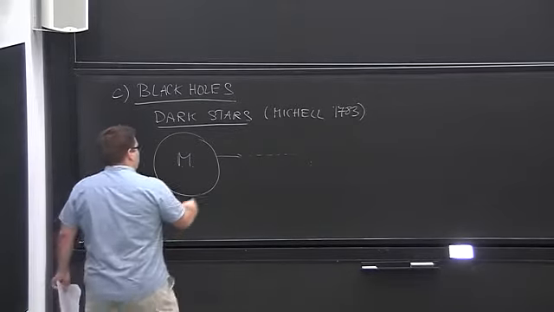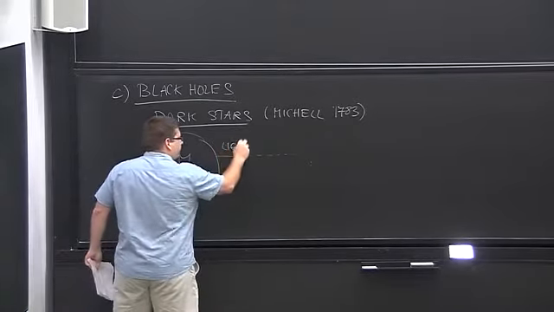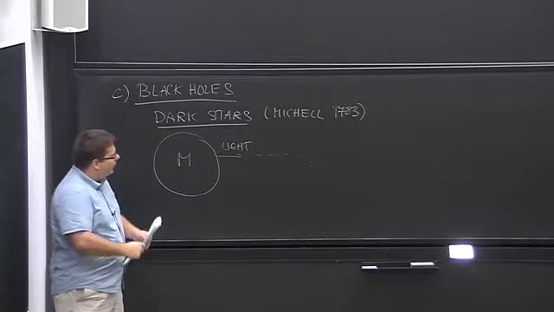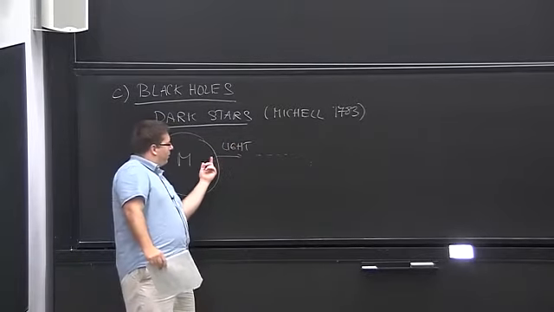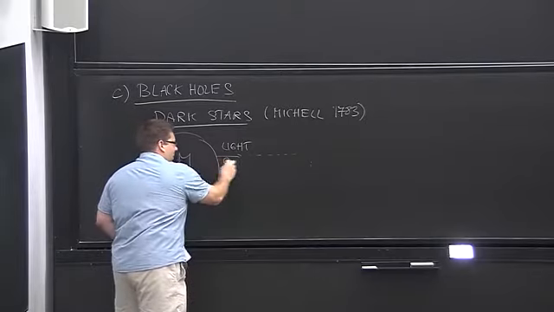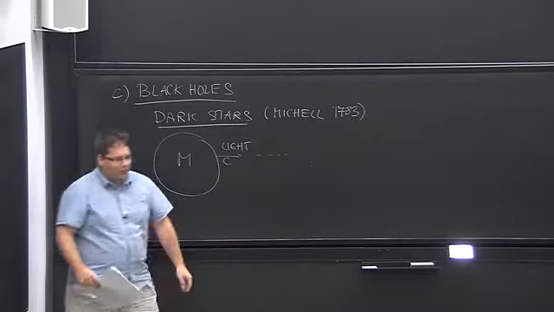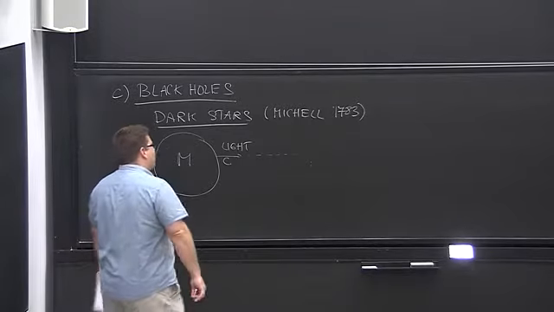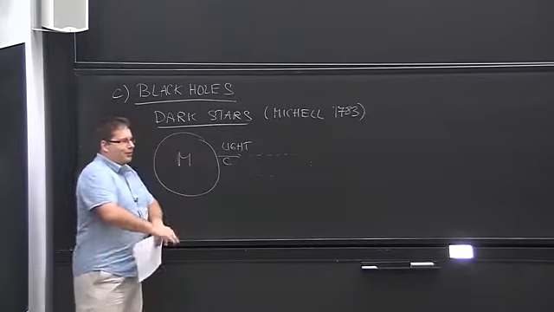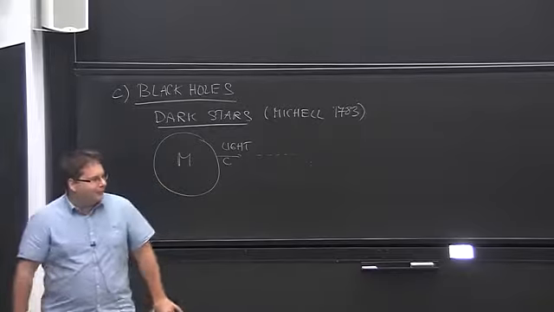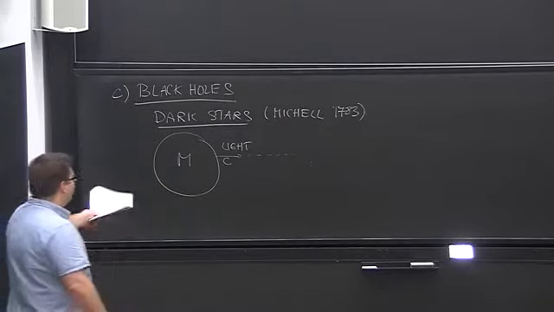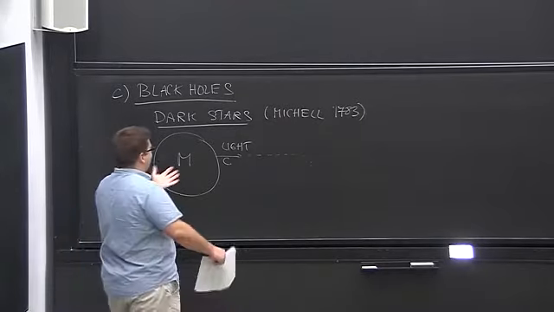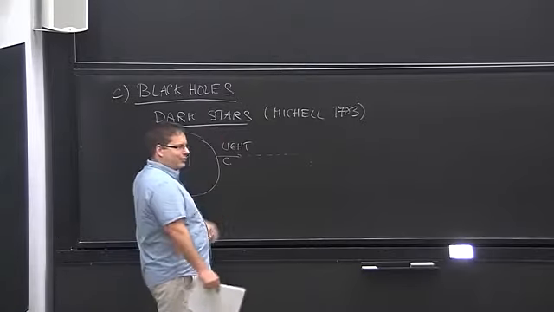Okay, so now I really shoot the light here, and even the light moving with the velocity c actually cannot go all the way to infinity. So now if you just do a very, very naive Newtonian calculation, you say the light is a ball of mass m. It's a particle. At this time, there was this huge discussion whether light is actually a particle or whether it's a wave.